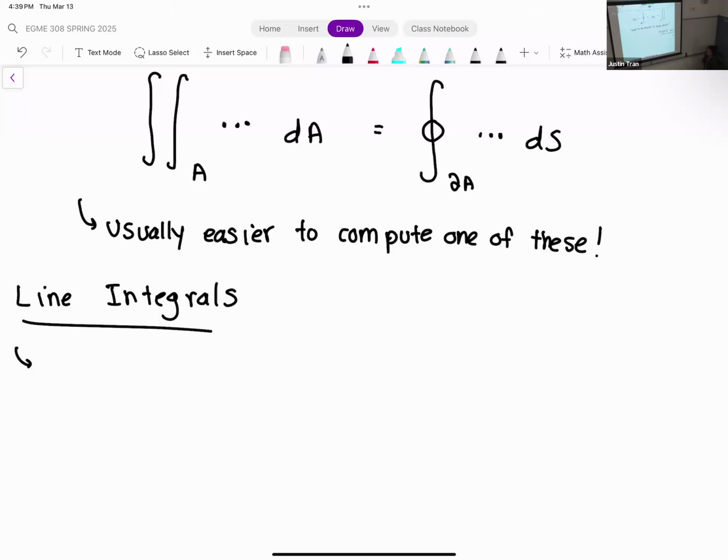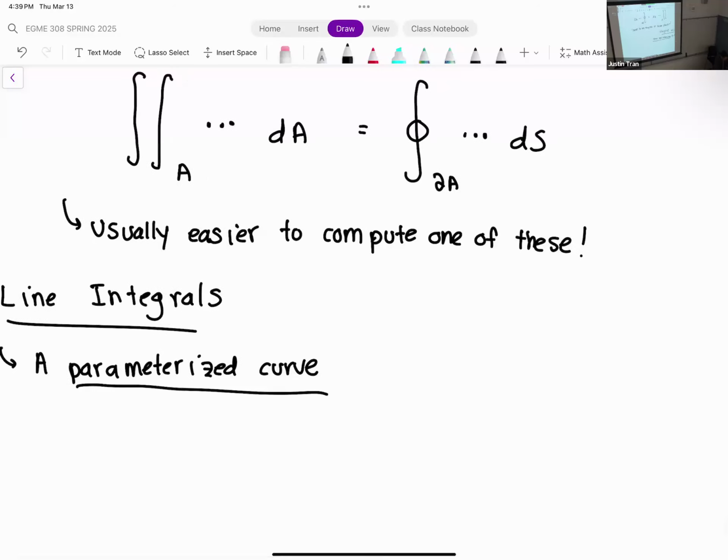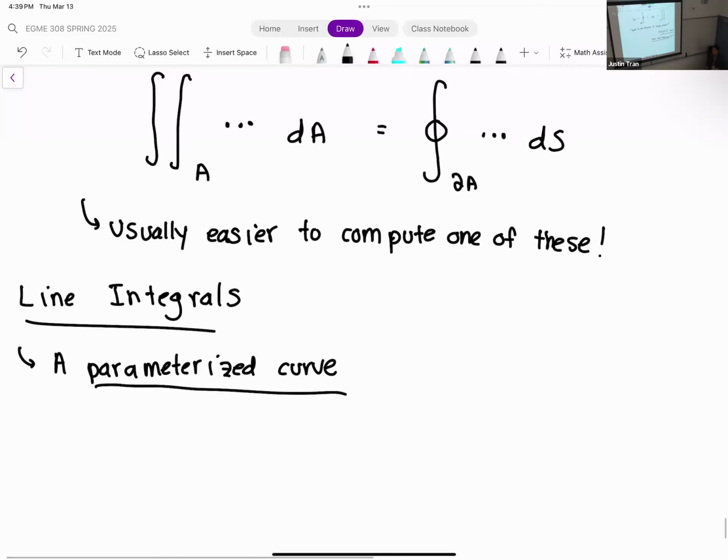To start out our discussion with line integrals, we need to talk about what it means for a curve to be parameterized. A parameterized curve traces out a path in space, in 2D space or 3D space, using one variable.